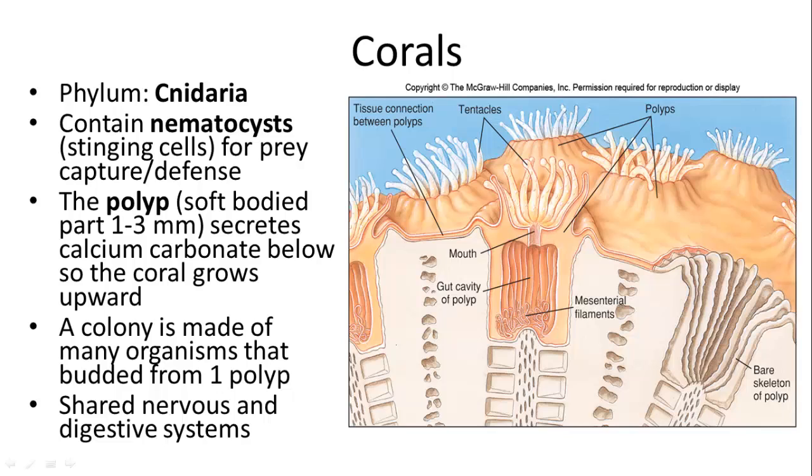So a colony is made up of one polyp that then cloned itself through budding, and now you have tons of these polyps creating a larger structure. They share a digestive and nervous system, so they share nutrients and are able to communicate between each other.